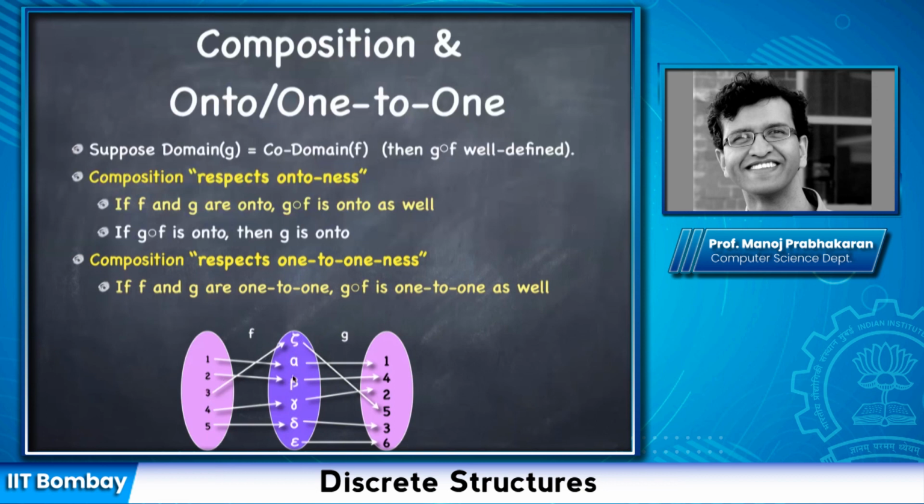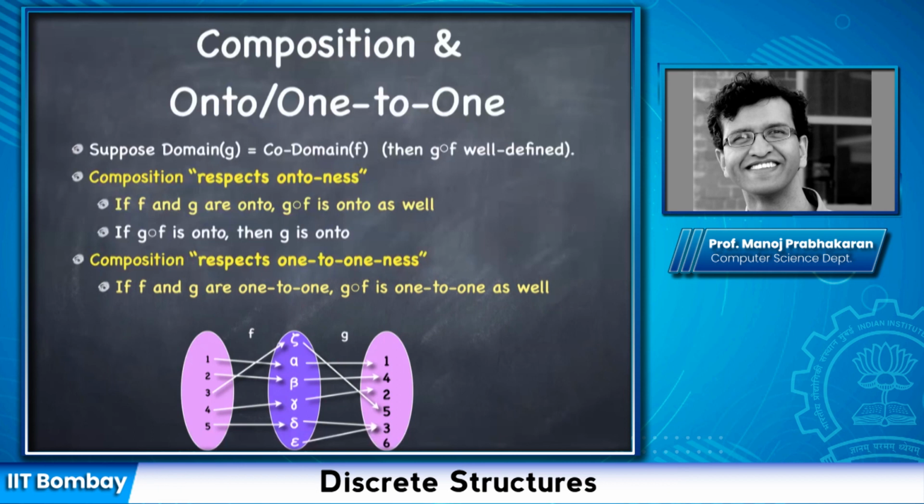And since they are distinct elements and g is one-to-one, I know that they will be mapped to distinct elements here, right? So that's why g of f will be one-to-one if f and g are both one-to-one. Again, it's not a necessary and sufficient condition.